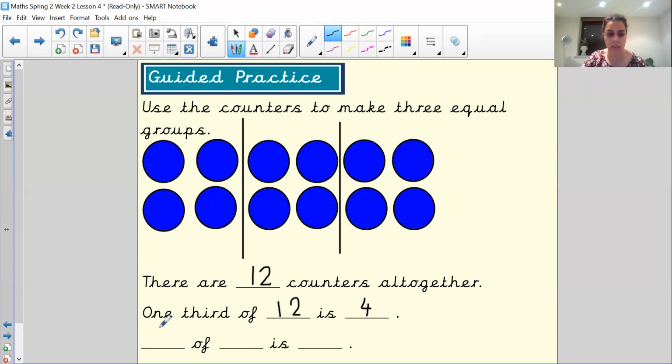So I can write it as 1/3 of 12 is 4. 1/3 is just telling me to split it into 3 equal groups, so 3 at the bottom. If there was a 5 at the bottom, I have to split it into 5 equal groups, which doesn't work with 12. It would work with 2, it would work with 4 at the bottom, it would work with a 6 at the bottom, and a 3 at the bottom, but it wouldn't work with 5.